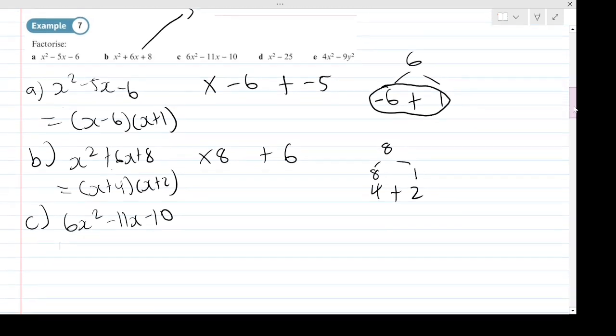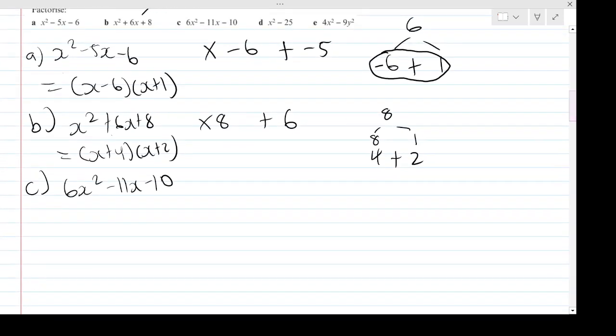What you need to do instead is, we can't simply just jump into multiplying to minus 10 and adding to give minus 11. What you instead need to do is adjust this a little bit. Instead of minus 10, we're going to consider the factors of minus 60, which comes from 6 times minus 10. So you always multiply the coefficient by the number at the end, the minus 10.